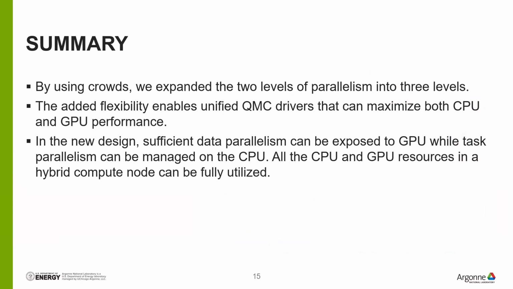So just a brief summary. By using crowd, we expand the two-level parallelism into three so that we can flexibly move the sequential loop in and out based on the hardware. With this added flexibility, the unified QMC drivers now can maximize their performance for both CPU and GPU.